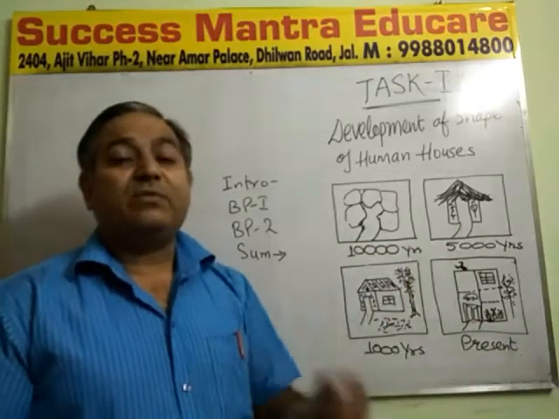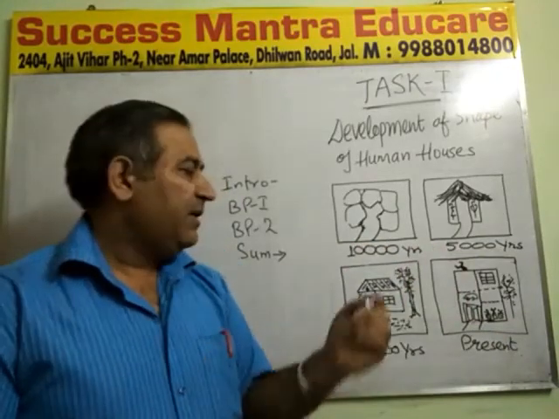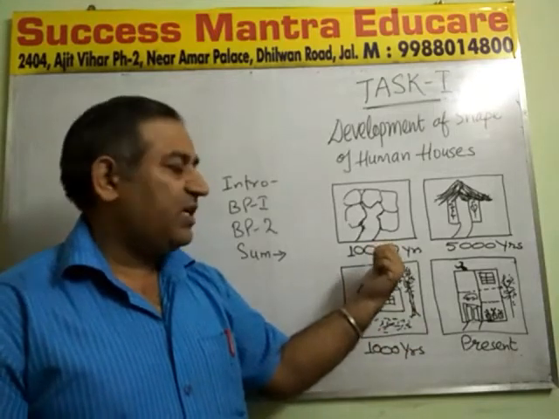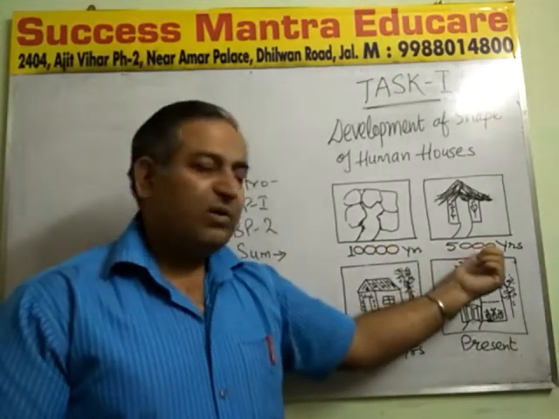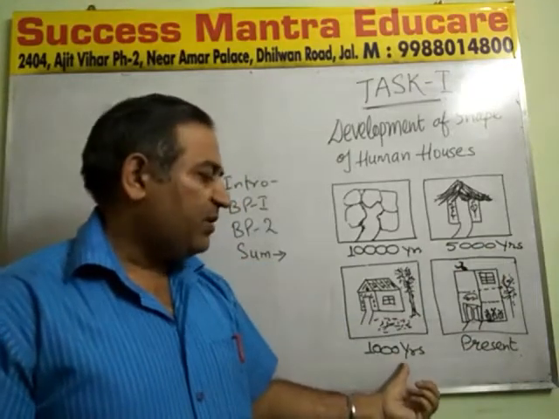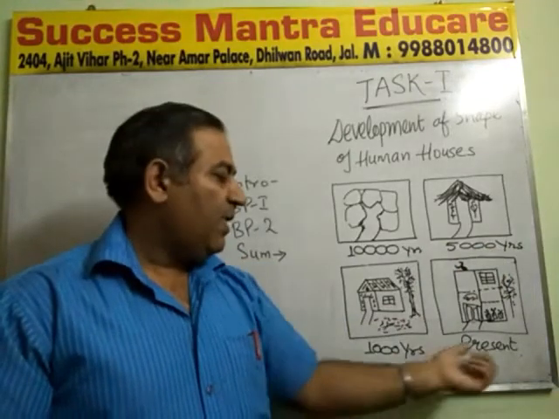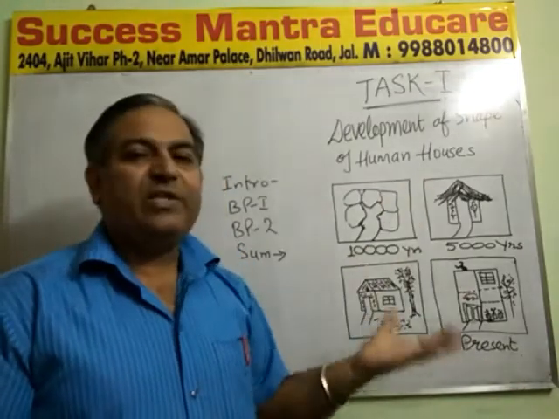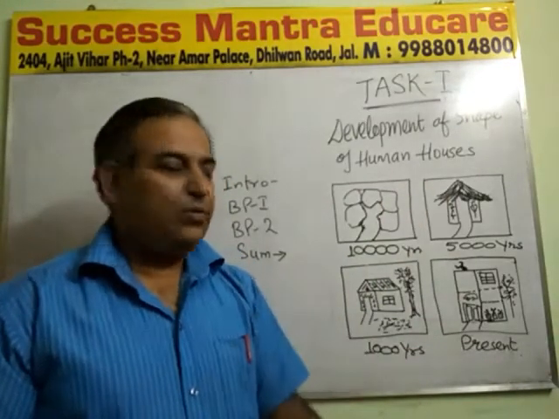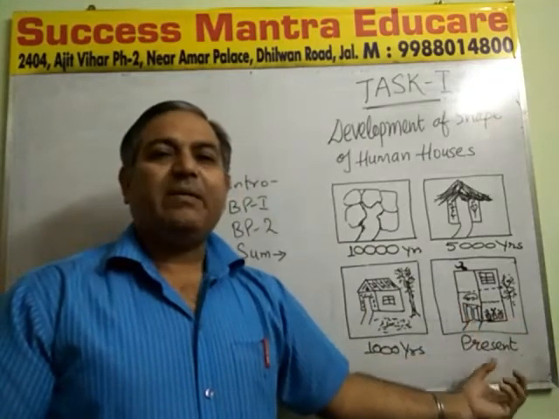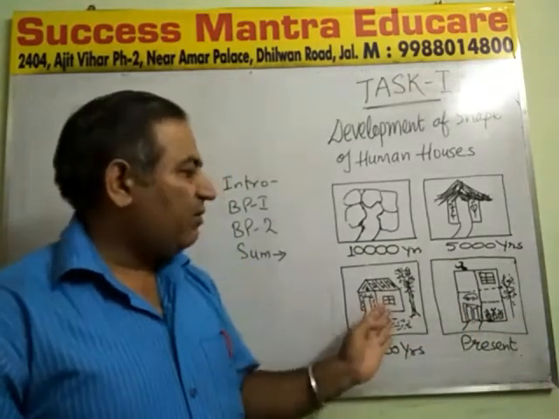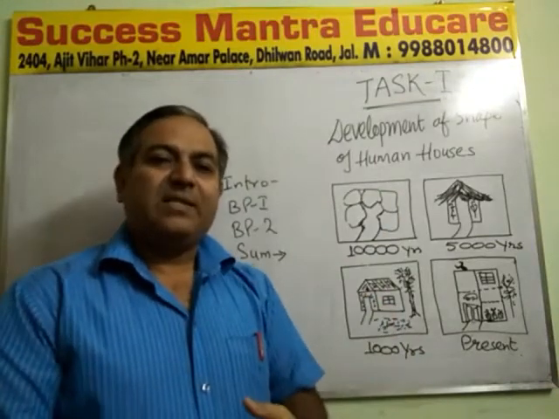In this figure, the most important point is that the examiner has given the years: this is 10,000 years, this is 5,000 years, this is 1,000 years ago, and this is the present state of the houses. When we explain all these four in BP1 and BP2, the present one has to be in the present tense. The rest of the three can be written in the past tense.